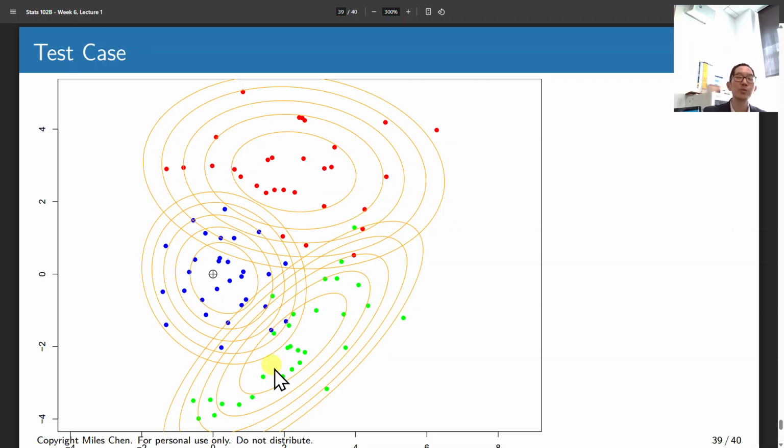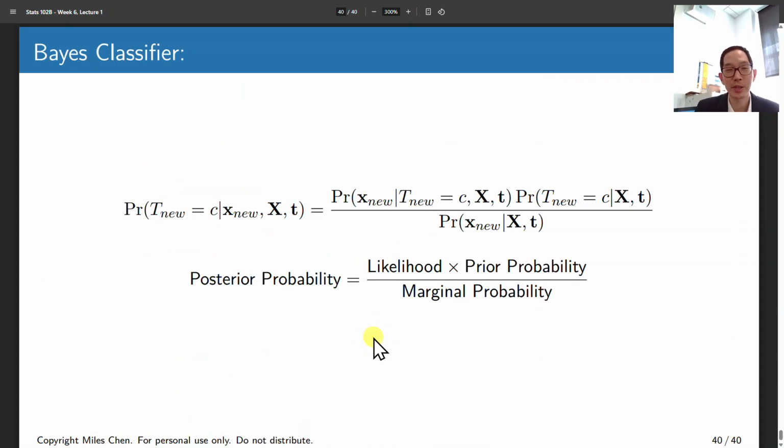So we want to calculate those probabilities, and we'll use the Bayes classifier. We will continue this on Wednesday, where we'll basically apply our same formula, but now the likelihood uses a multivariate normal distribution.